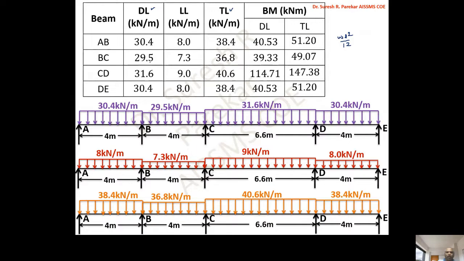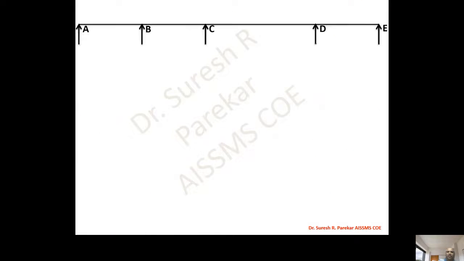So W 30.4 into L square by 12. And we have this value 40.53 kilonewton meter. So likewise, we are in position to find all values, 38.4 into 4 square by 12, and we will get 51.20 kilonewton meter.